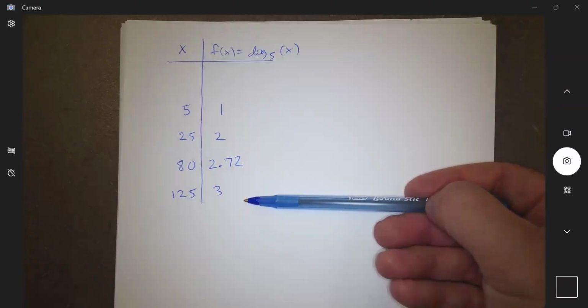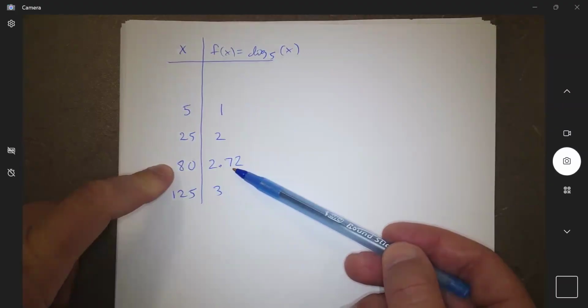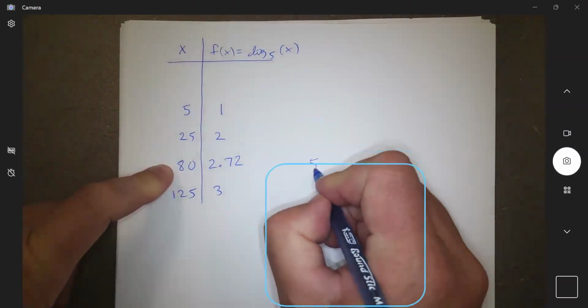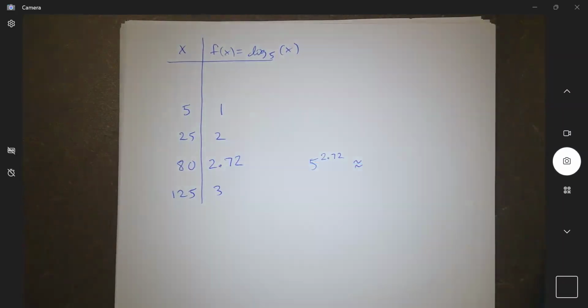They can be fractional or decimal numbers. 2.72 is the answer because if I take 5 to the 2.72, that's going to be really close to 80. All right, that's what it means to say the log base 5 of 80 is 2.72. It means 5 to that power equals 80.